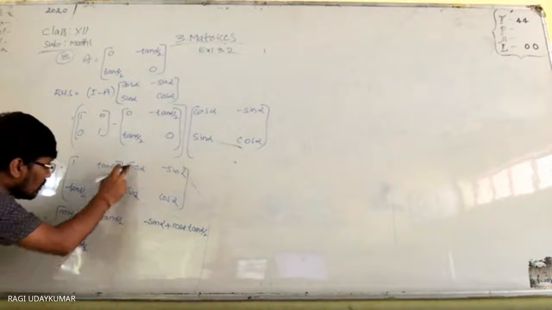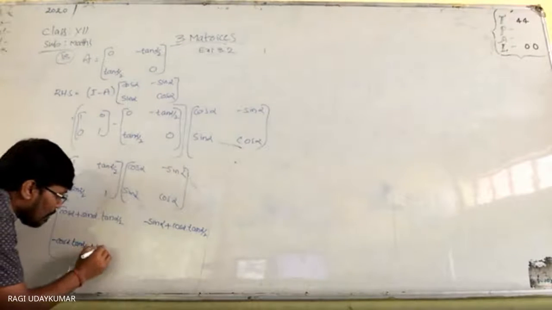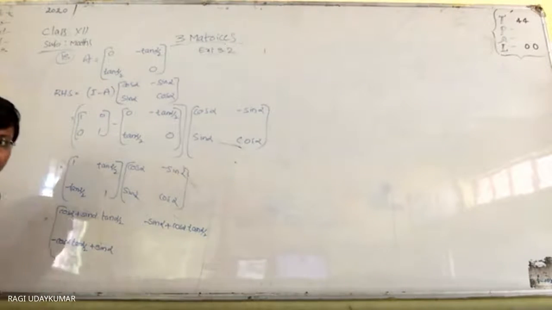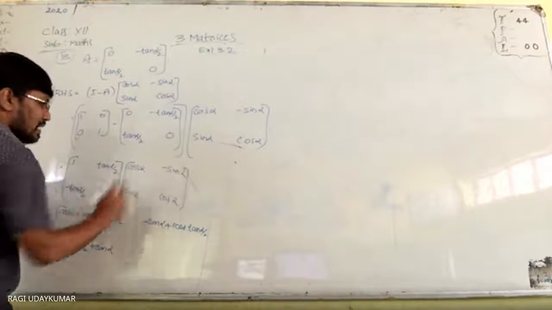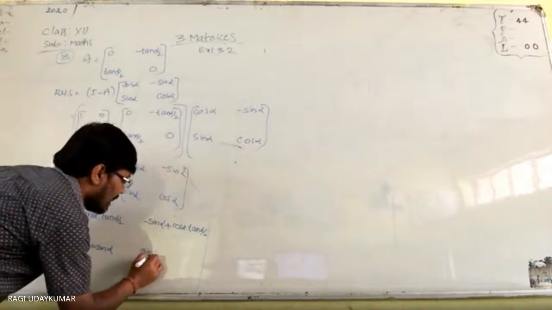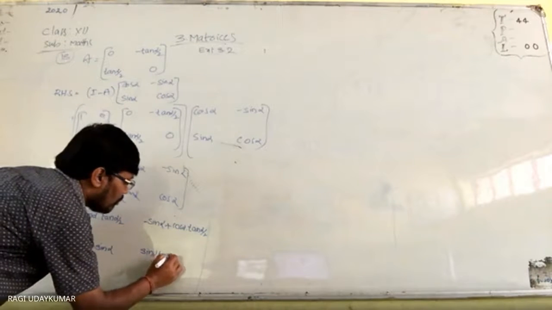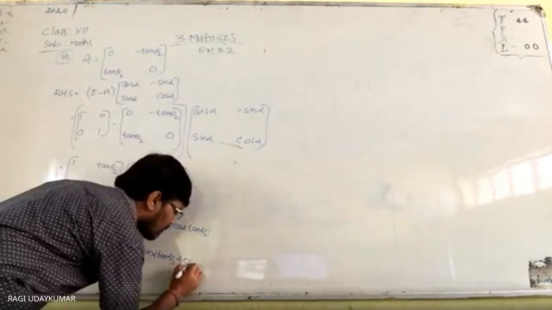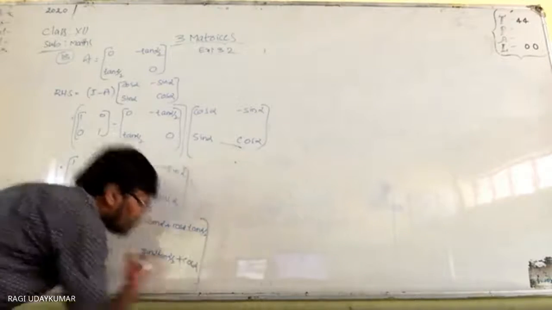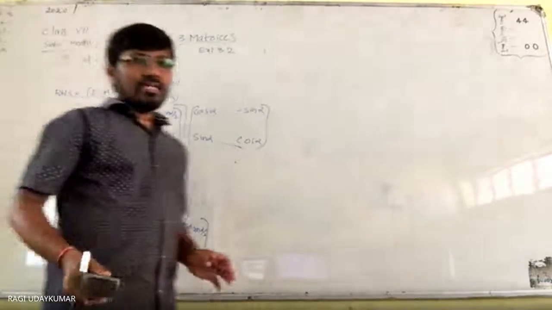Next, these two are multiplied, plus sin alpha. Next, minus into minus will become plus, sin alpha into tan alpha by 2. Okay, plus cos alpha. Now you have to do that.